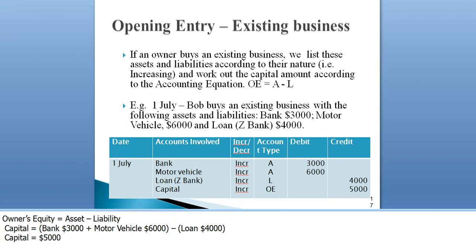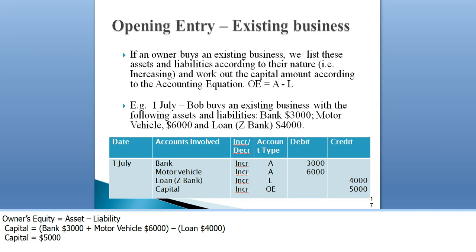Here's another example, and we have liability here. Okay, so if an owner buys an existing business, again we need to list these assets and liabilities according to their nature. Then we need to work out the capital amount according to the accounting equation.